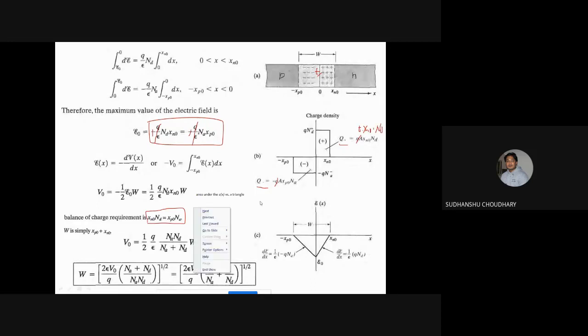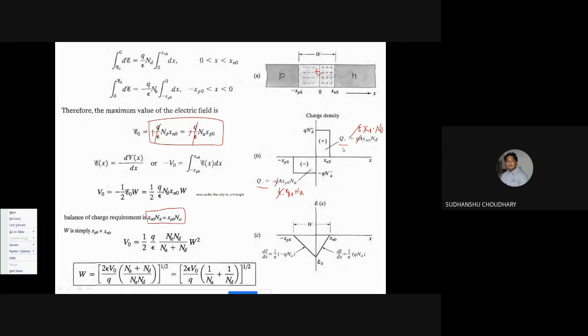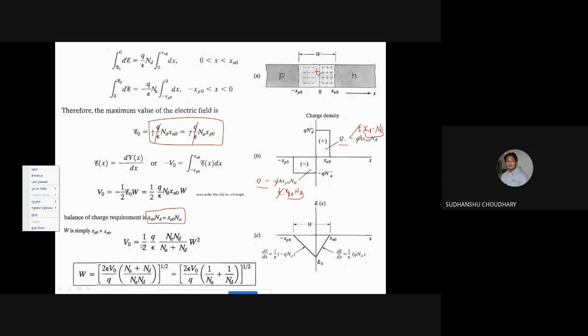Similarly this one becomes T times Xp naught times Na. So T goes off. If I equate the total positive charge to the total negative charge, we are left with the same equation, that is Xp naught Na is equal to Xn naught Nd. So from equating these two charges also, we get the same relation. This is important for us.